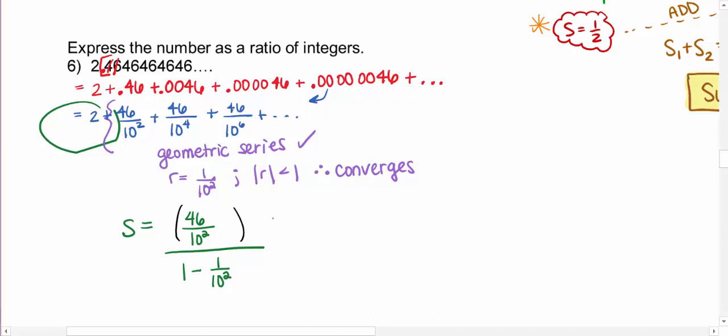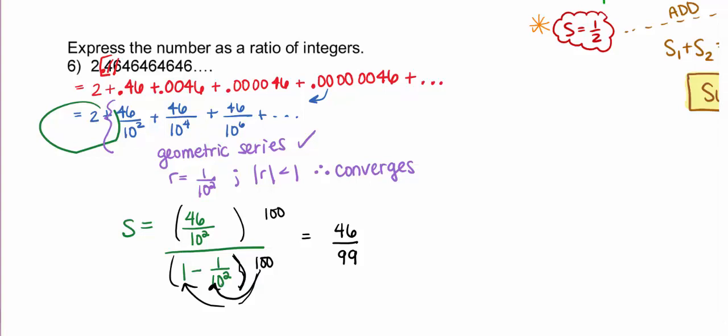And then I just like to multiply by 10 squared, which is 100 over 100. And so this will become 46 over 100 minus 1. So 46 over 99.